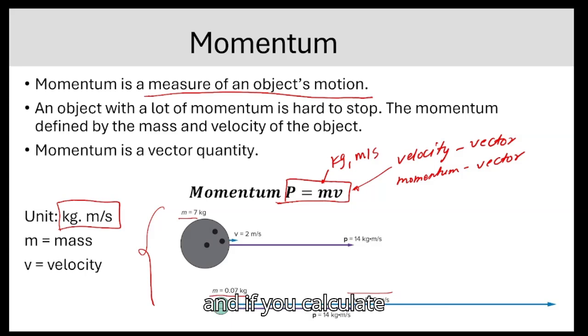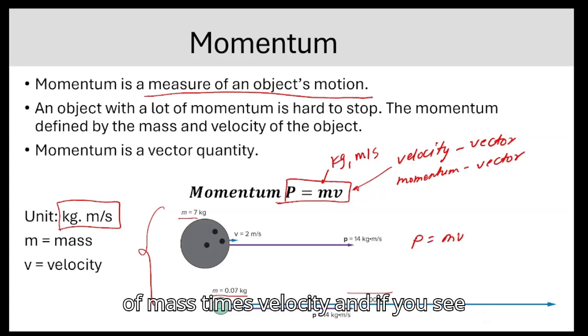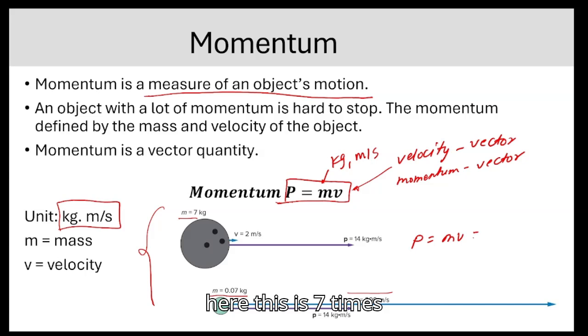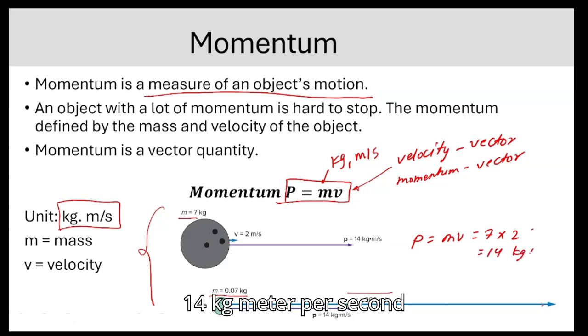Momentum is mass times velocity, so here it is 7 times 2, which is 14 kg meter per second.